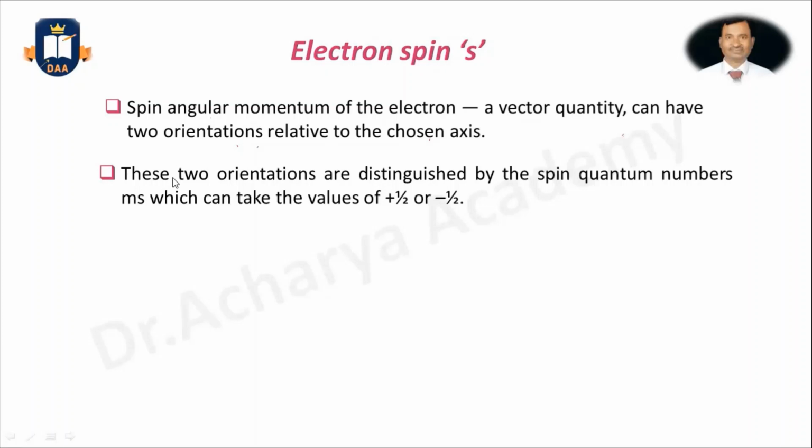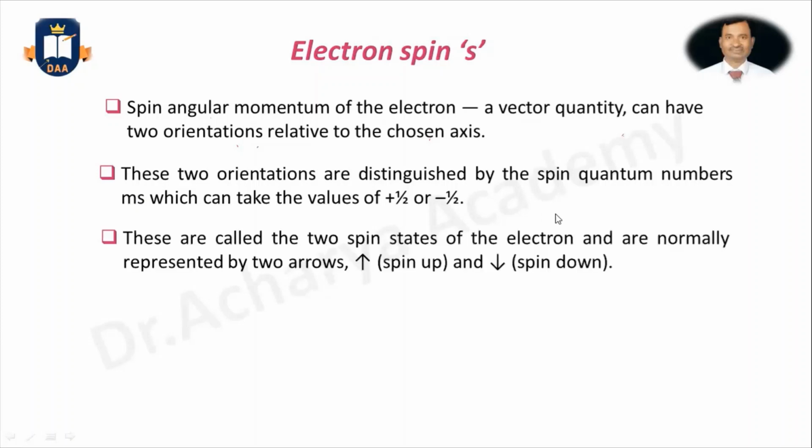So these two orientations are distinguished by the spin quantum number ms, actually it is m subscript s, which can take the values of plus half or minus half. And these are called the two spin states of the electron.